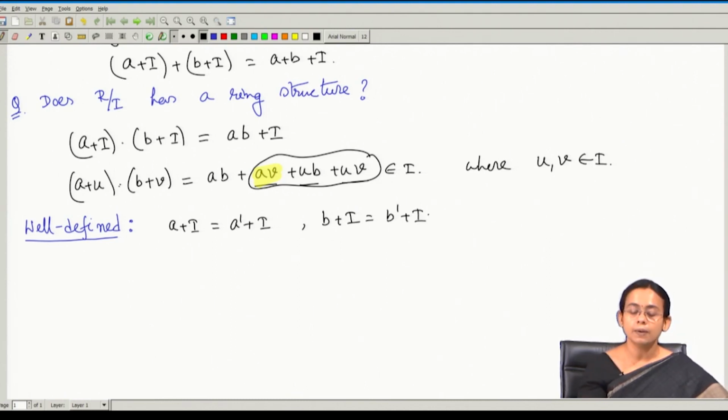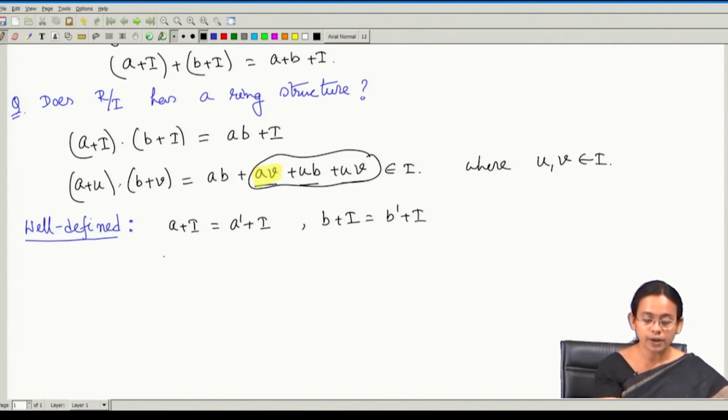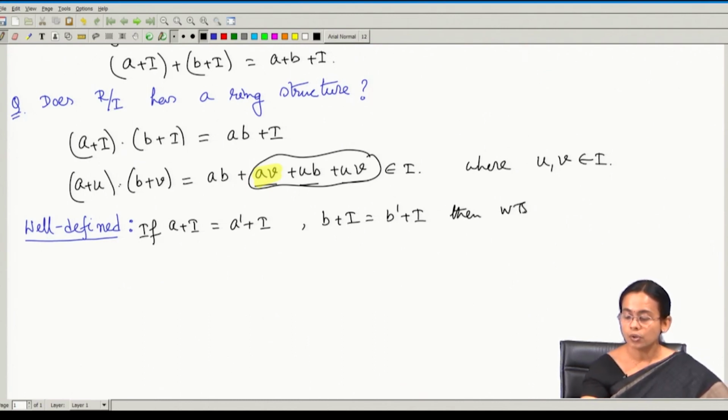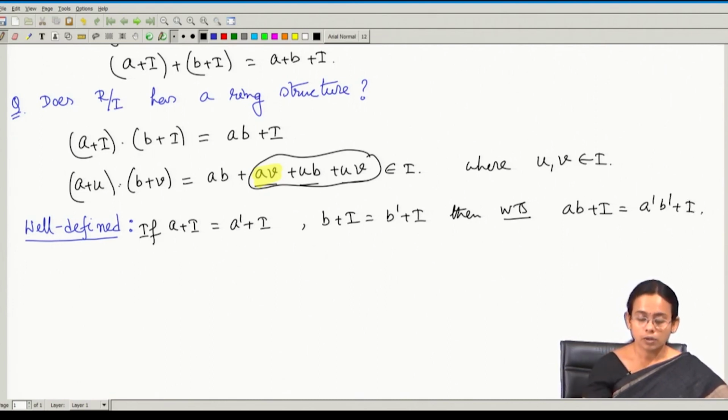Now, when I multiply, I will get ab plus I, and on the other hand I will get a prime b prime plus I, but that too should be equal, right. So, in order to check well definedness, I need to show that if this happens, then ab plus I will be equal to a prime b prime plus I. So, how to prove that?